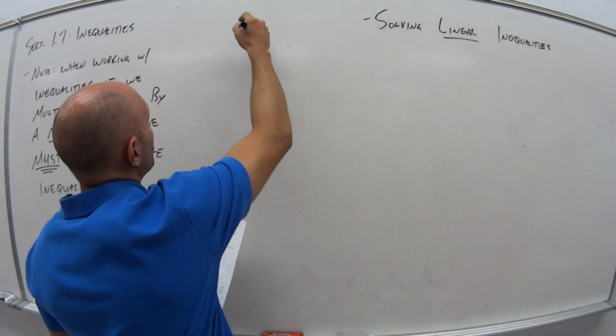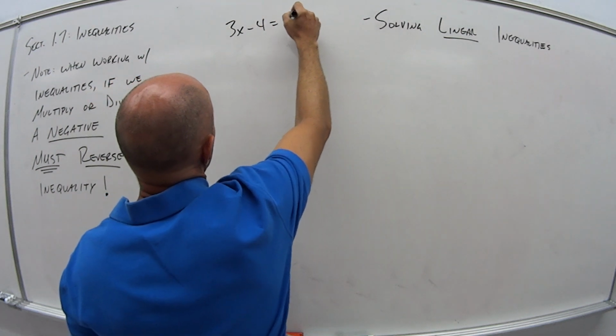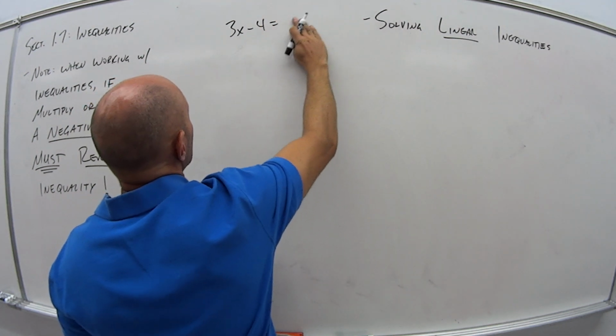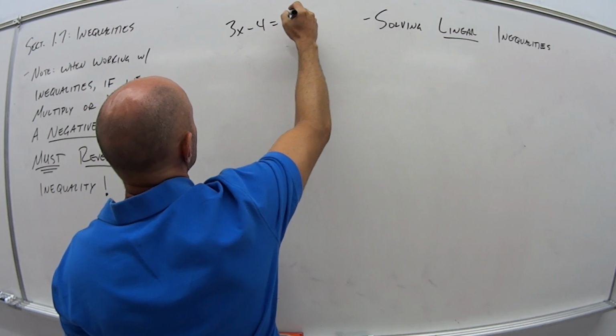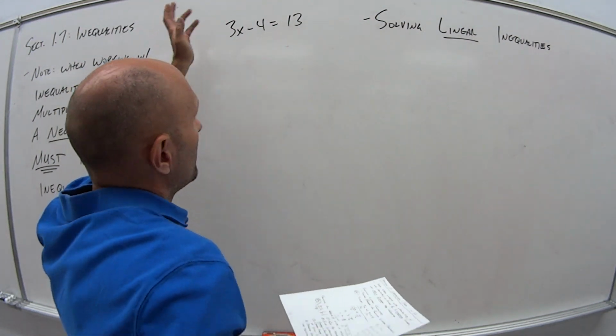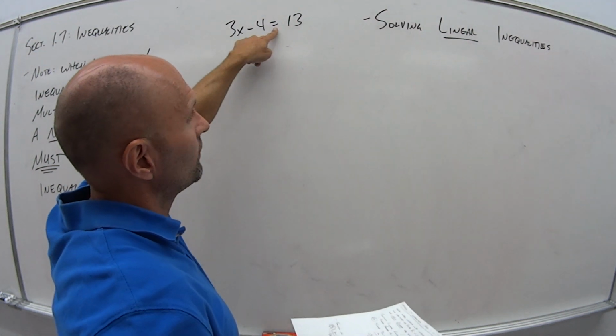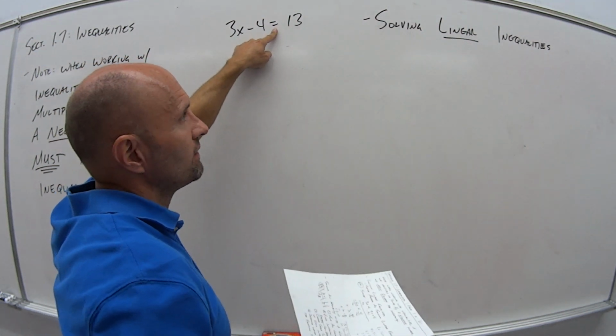So if I have 3x minus 4 equals 13, I can solve this. Move the number, divide by 3, boom, I'm done. Same idea for this, it's just now instead of the equal sign, we have an inequality symbol.